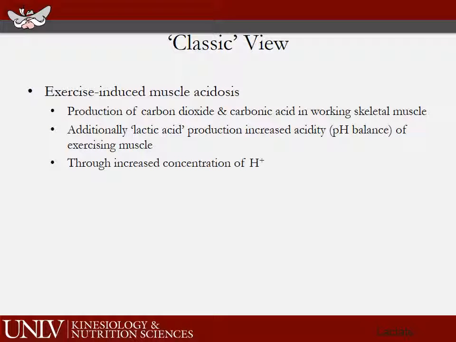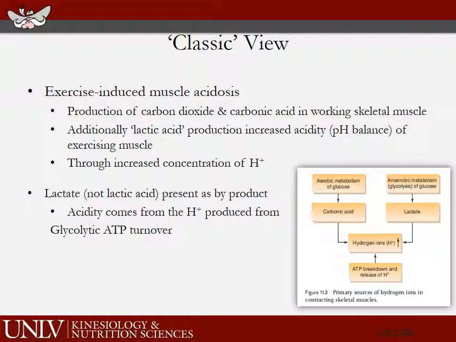So with this exercise-induced muscle acidosis concept, there's a production of carbon dioxide and carbonic acid in the skeletal muscle, right? Therefore, there's a change in pH balance, and it's thought to be through the increased concentration of the hydrogen ion. Lactate, not lactic acid, again because lactic acid is very unstable, is present as a byproduct.